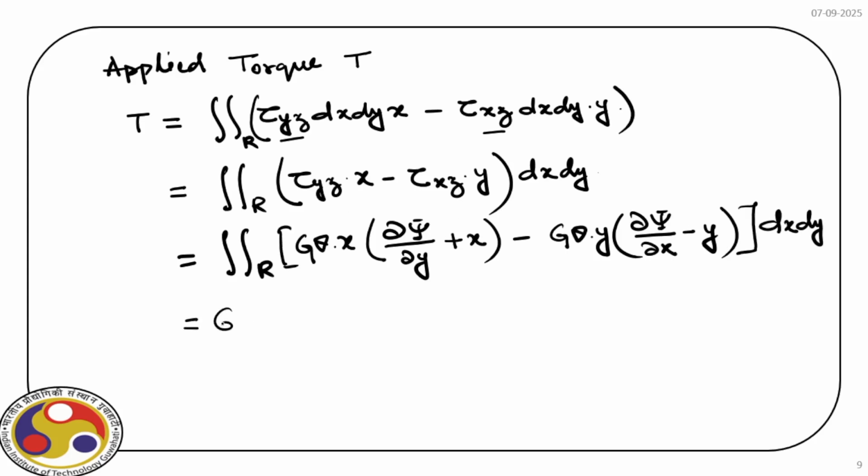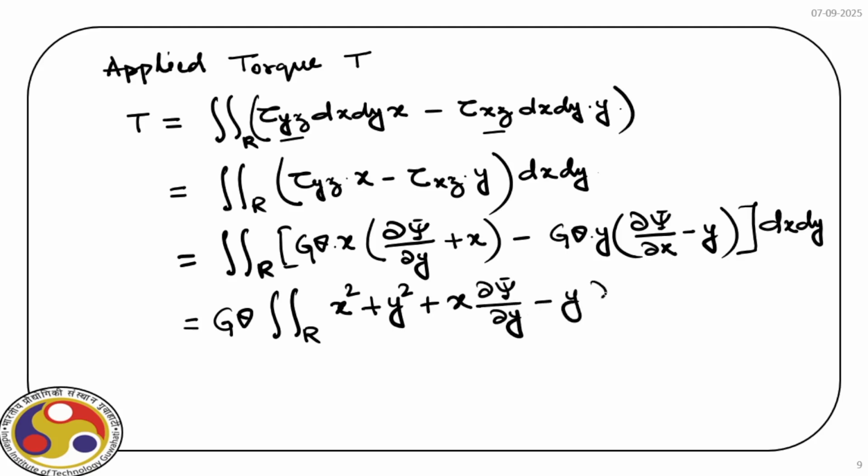So we can simplify further. G theta is constant. It will come out of the integral. So we have x square plus y square here. Then the first term, x times differential of psi with respect to y, then minus y times differential of psi with respect to x, times dx dy. Right.